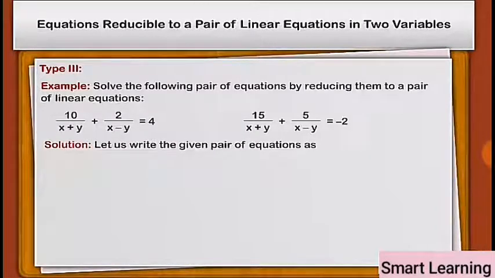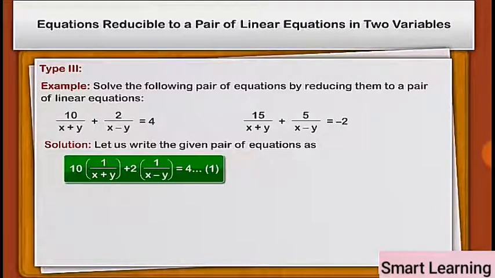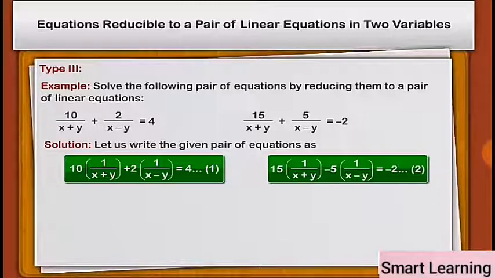Let us write the given pair of equations as 10 into 1 upon x plus y plus 2 into 1 upon x minus y is equal to 4. This is equation 1. 15 into 1 upon x plus y minus 5 into 1 upon x minus y is equal to minus 2. This is equation 2.